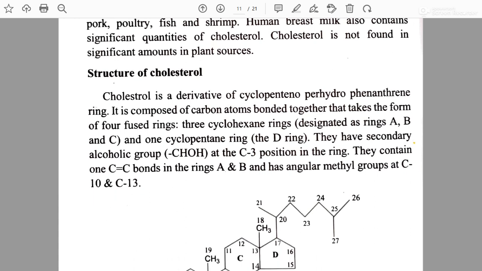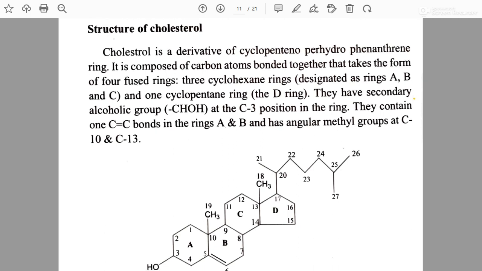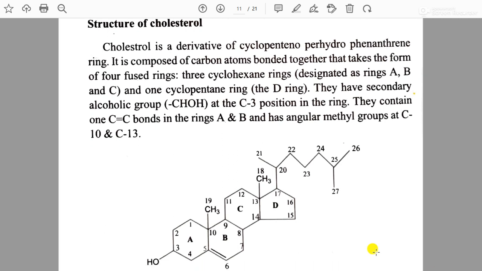Structure of cholesterol. Cholesterol is a derivative of the cyclopentanoperhydrophenanthrene ring. We can see the structure of cholesterol here. It is a derivative of the phenanthrene ring, and most of the double bonds of the phenanthrene ring have been substituted by hydrogen. Therefore, we call it perhydrophenanthrene.